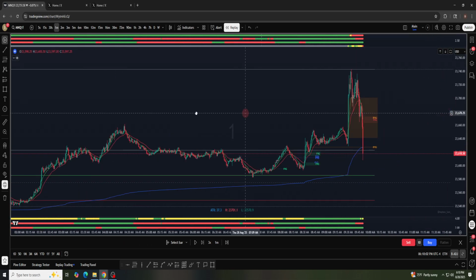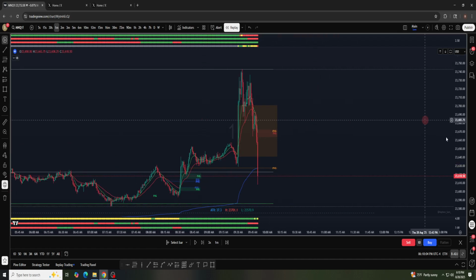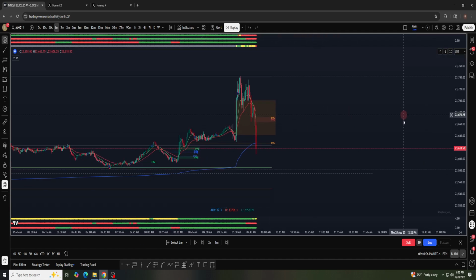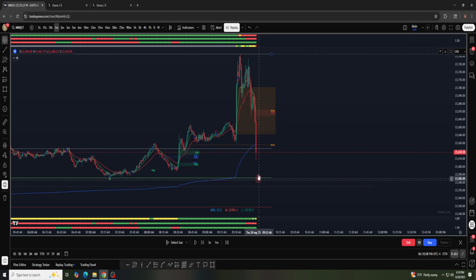Just think about how you view support. I use the 50% fib level right here as support. So I don't want to take any bearish setups after price has taken 50%. I'm using the 50% as a draw on liquidity.